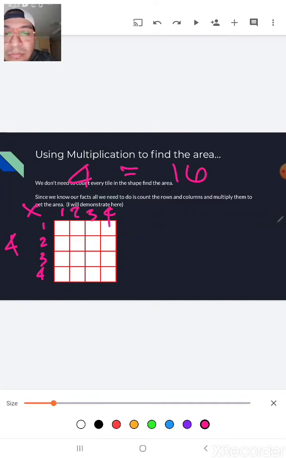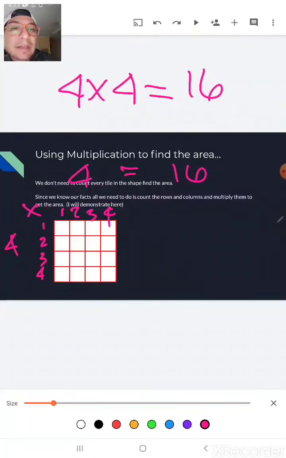That's how we would solve this. 4 times 4 equals 16 square units.